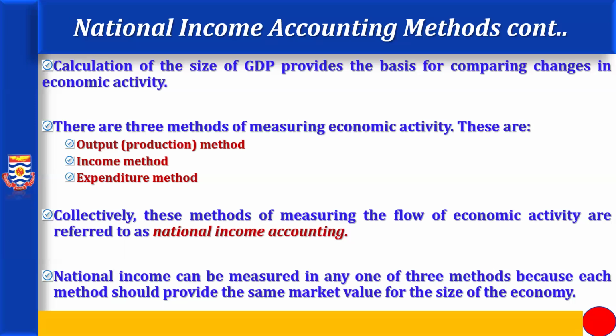Because think about it carefully. If you produce goods and services worth 311 Ghana cedis, that's the output method, right? Those goods and services will be bought by people. So that brings us to the expenditure method, because those 311 Ghana cedis worth of goods will be goods that people spend their money on. So that's how the output method is equal to the expenditure method.